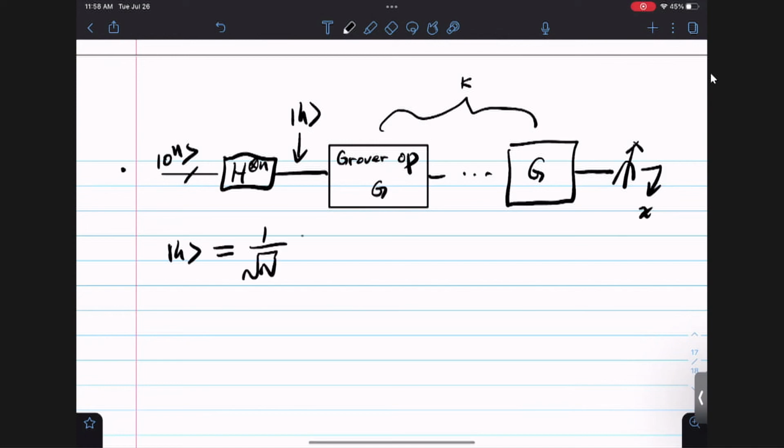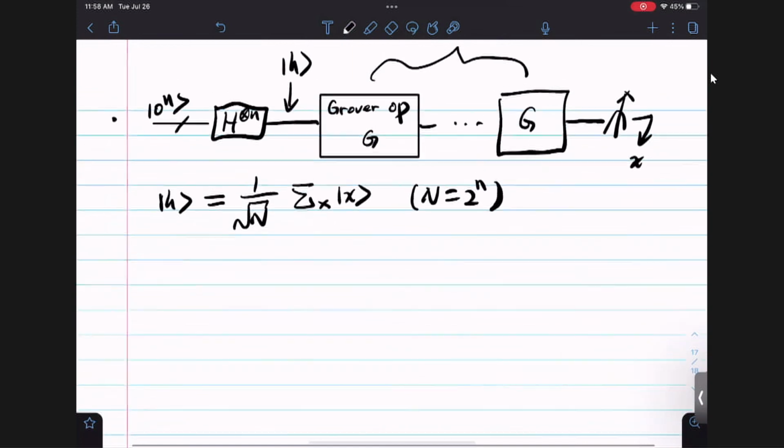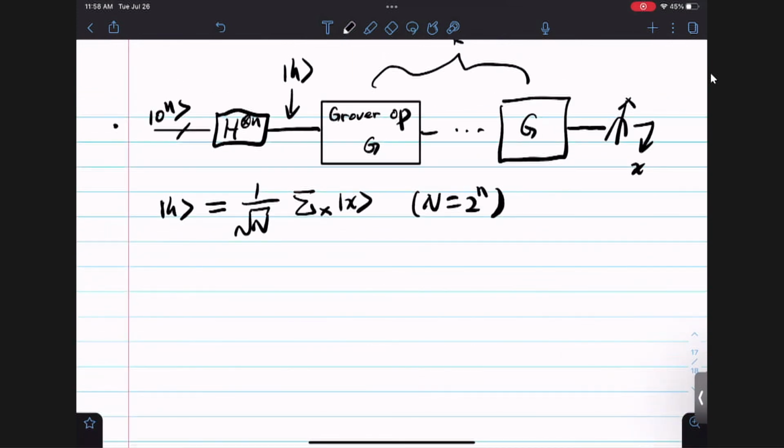It's just a uniform superposition over all n-bit strings, where capital N is 2 to the n. And then let me define a state A, which I call X star. This X star is a marked item.